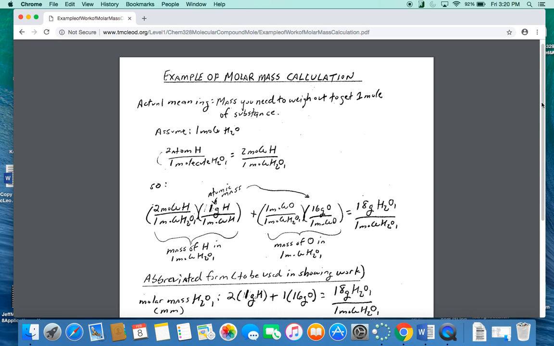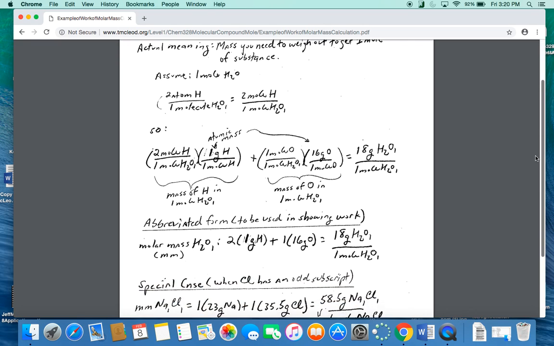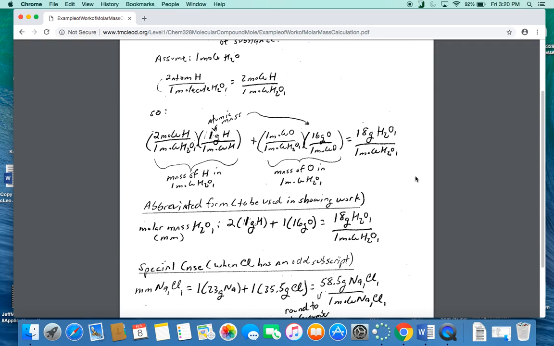So that's all the units. To make it easier, you don't have to do all the unit thing. You can shorten it down.